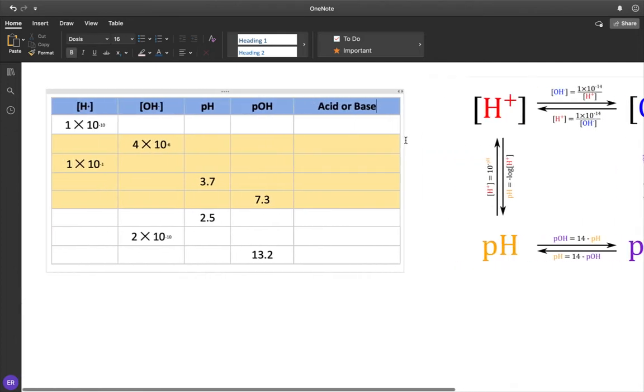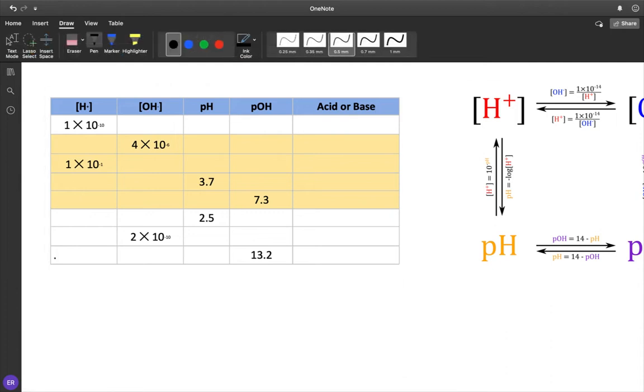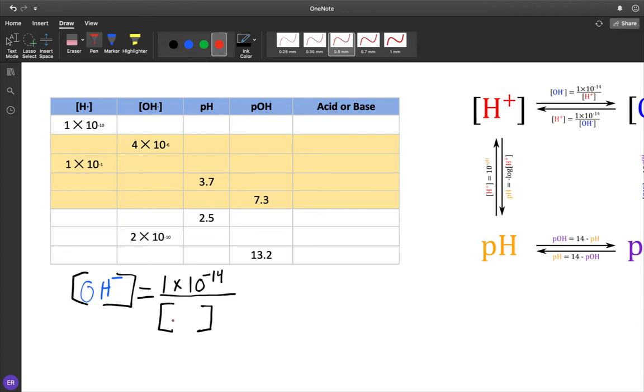Our concentration of OH minus, we're going to find by taking 1 times 10 to the negative 14 and dividing that by our concentration of our H plus.